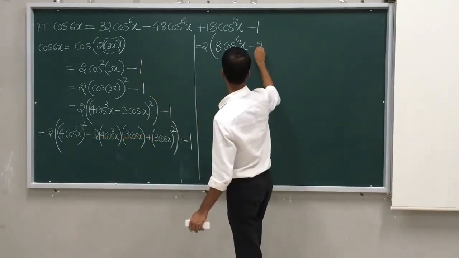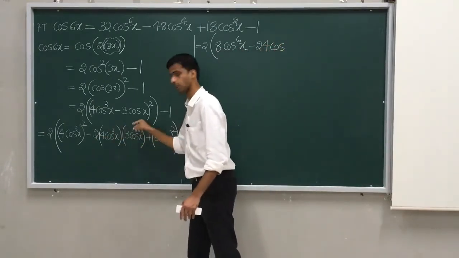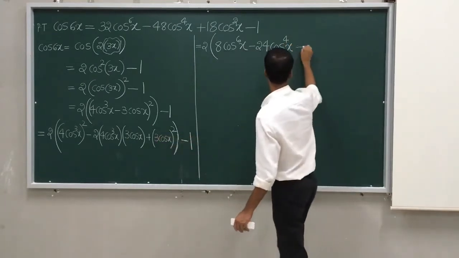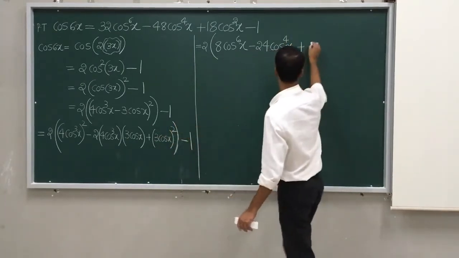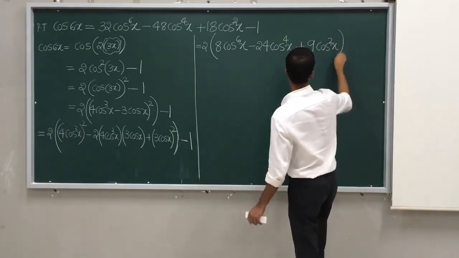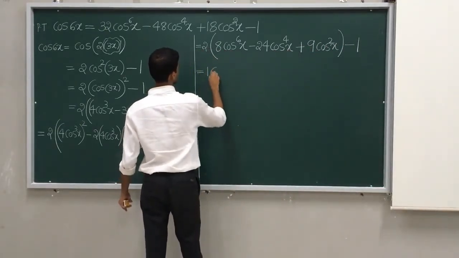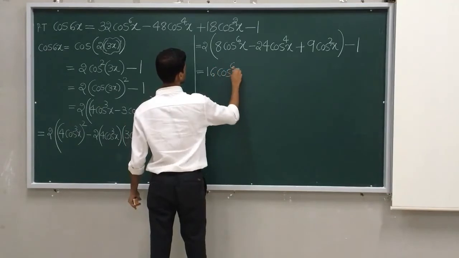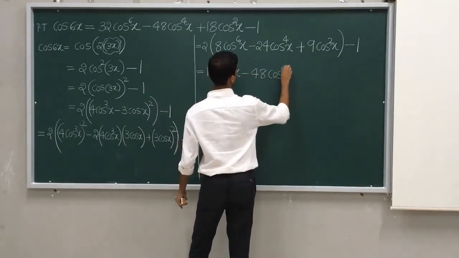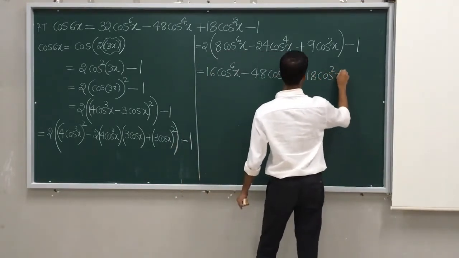That is minus 24 times cos cube x into cos x, cos raised to 4x, plus 3 square 9, 9 cos square x, close the bracket, minus 1. So multiply: 16 cos raised to 6x minus 48 cos raised to 4x plus 18 cos square x minus 1.